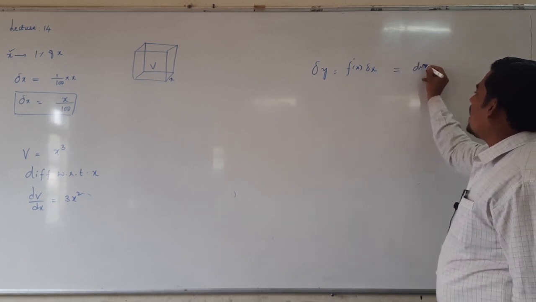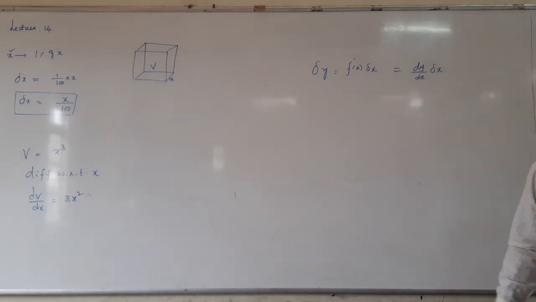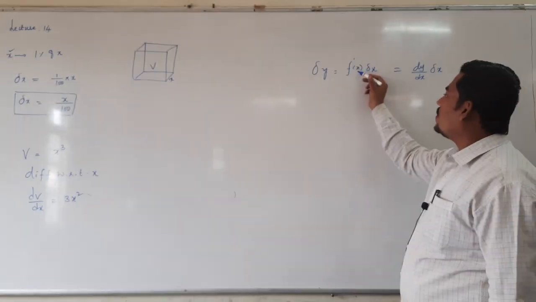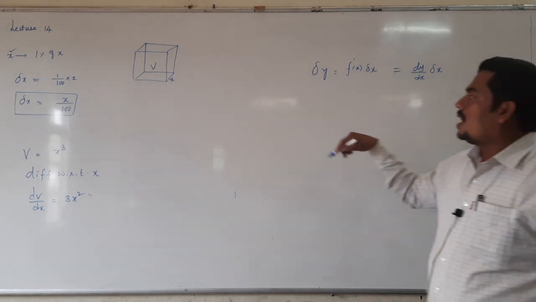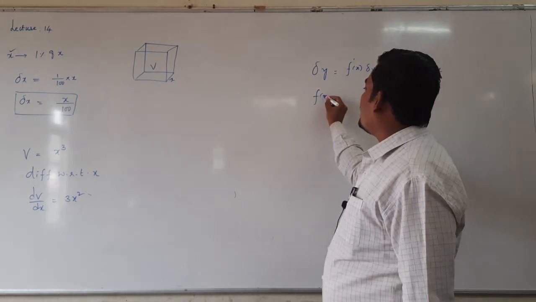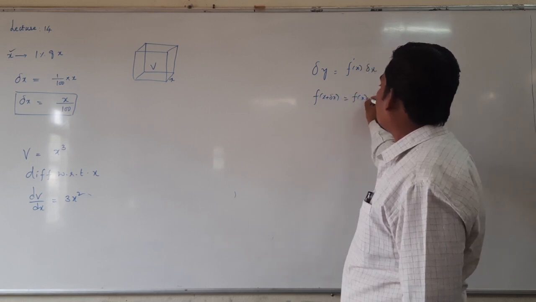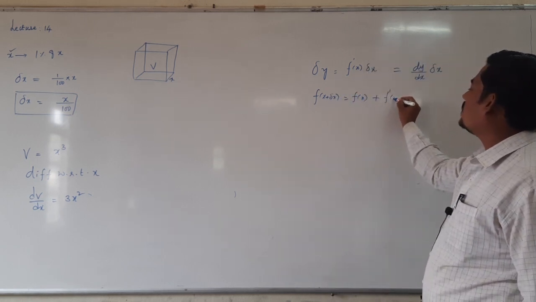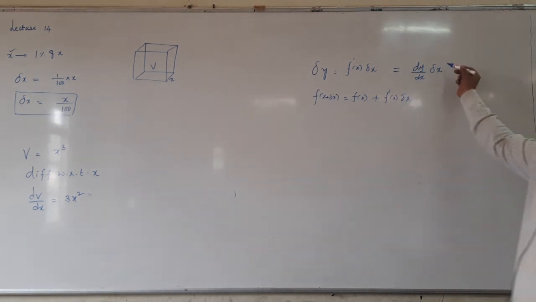Otherwise dy by dx into delta x. Change in y is equal to the derivative of the function into change in x. And one more formula, approximate value f of x plus delta x equal to f of x plus f dash x into delta x. Right?